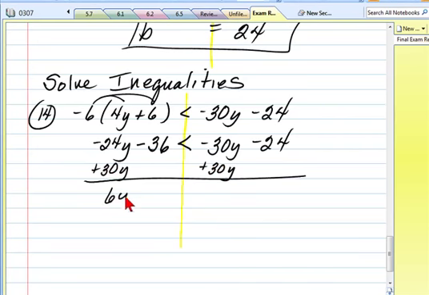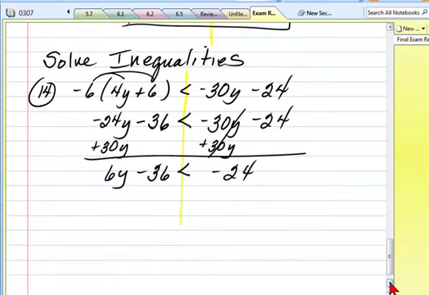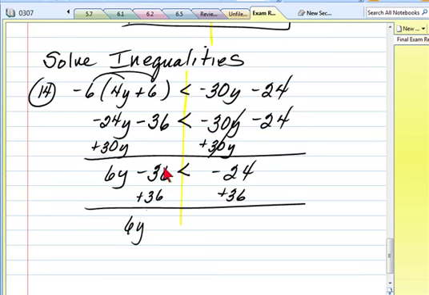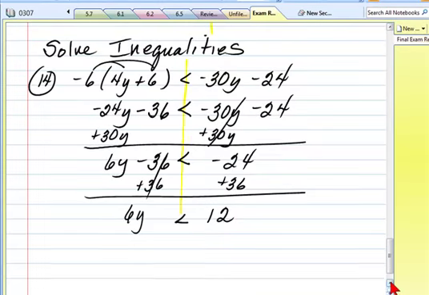That will give me 6y minus 36 is less than, those are gone, negative 24. I'm going to add 36 to both sides. 6y is less than 12. It's time to divide.